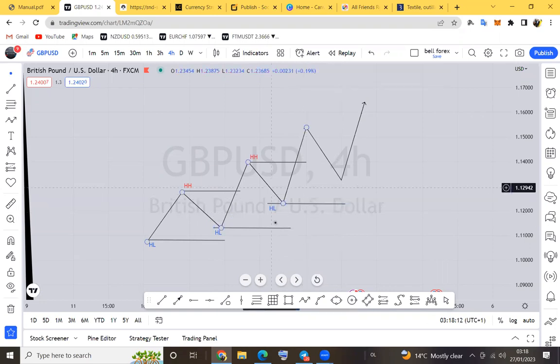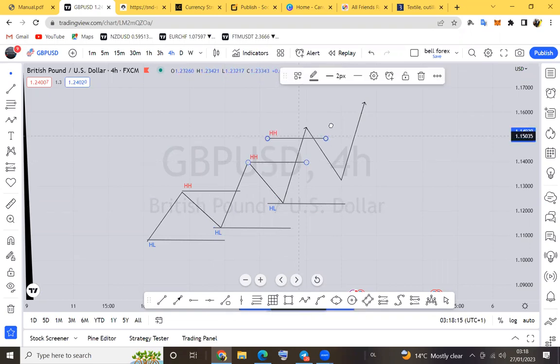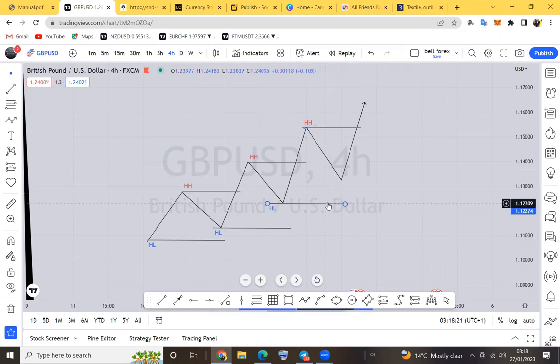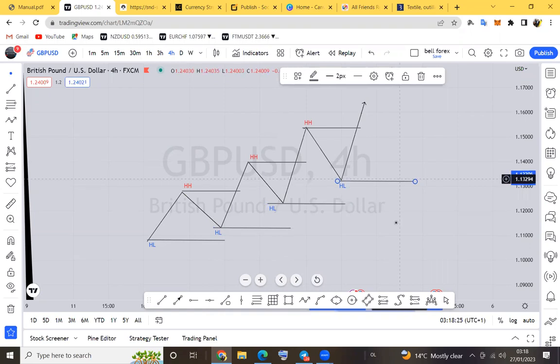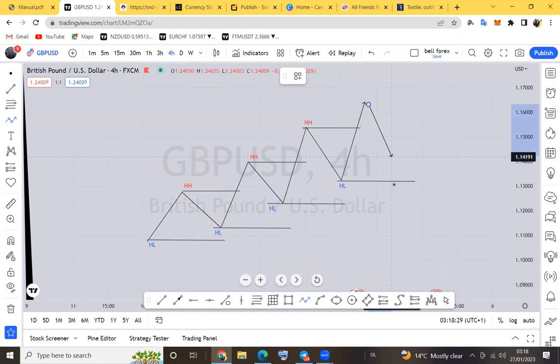Now, when this other structure gets formed, this is what I'm trying to explain to you. The only condition to stop this market from being an uptrend is that I should have a break of this other structure here. So when this structure is broken, this is what you see in an uptrend.